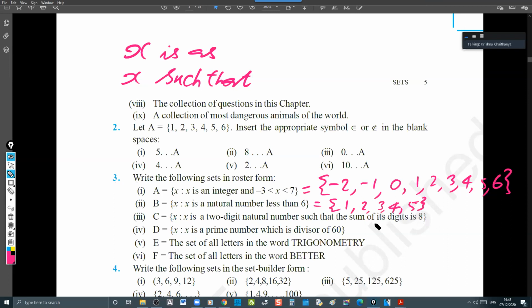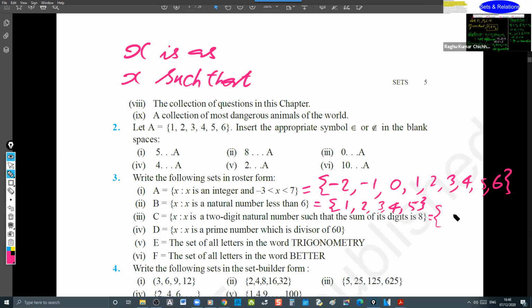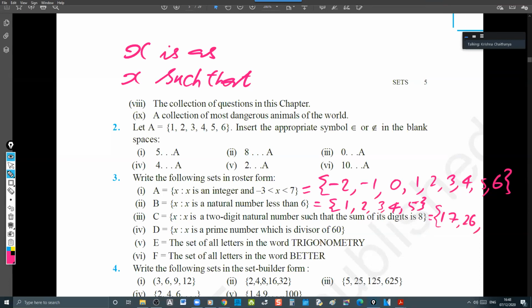C equal to set of X such that X is a two-digit natural number such that the sum of its digits is 8. I'll give you a hint. 17, 26, 35, 44, 53, 62, 71, 80.